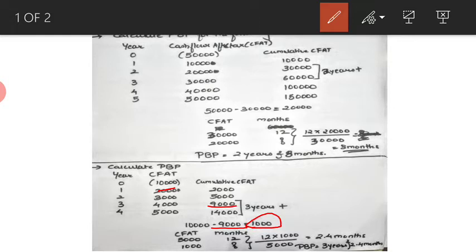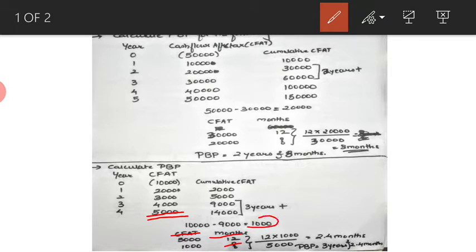Now if you consider the full 4th year, in the 4th year you have collected 5,000 rupees totally. Do we require 5,000 rupees? No, we just require 1,000 rupees out of this 5,000. So how do we get that? Again CFAT and months. For 5,000 we require 12 months.